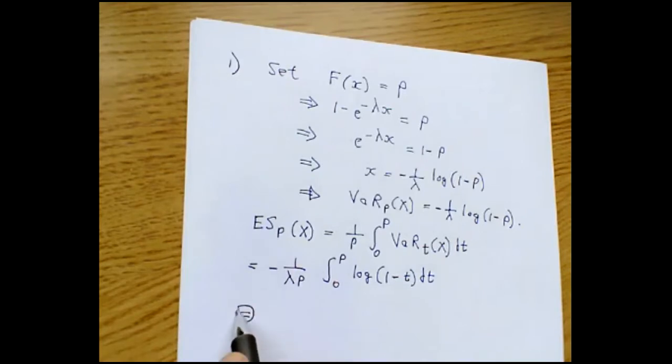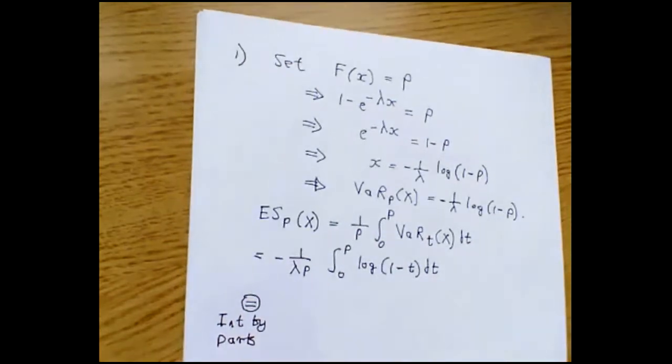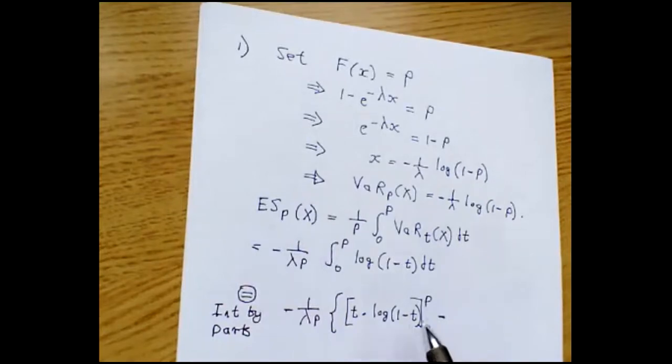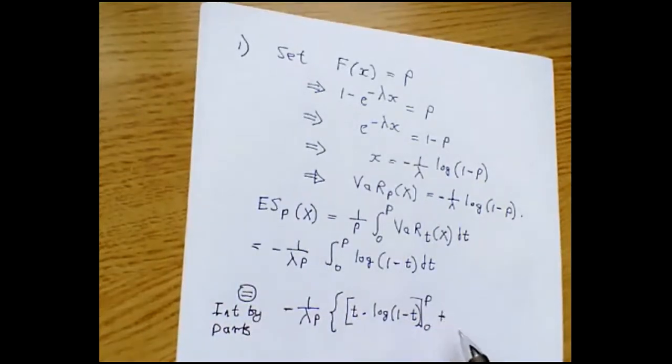So in this step, I'm going to use integration by parts, right? So you get minus 1 over lambda p. Now if you integrate this by parts, you get, and then you get minus minus, which will give you a plus.